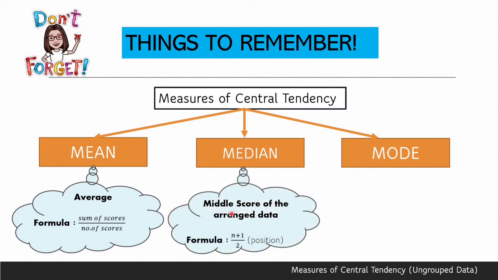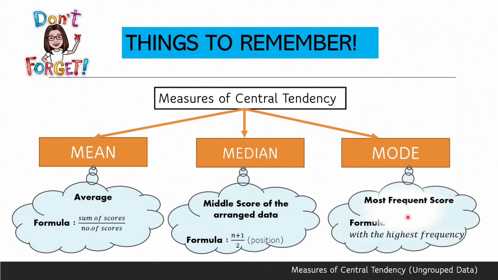The median is the middle score of the arranged data in either increasing or decreasing order. So we have to determine the center, the middle position, by using the formula n plus 1 divided by 2. And again n pertains to the number of scores. For the mode, this is the most frequent score, the number with the highest frequency.